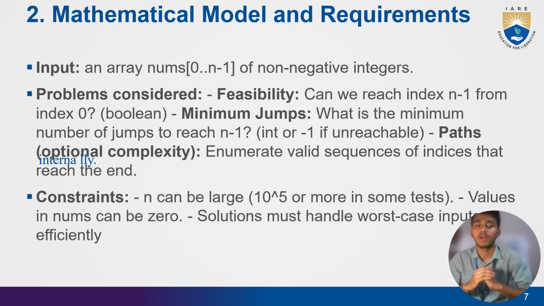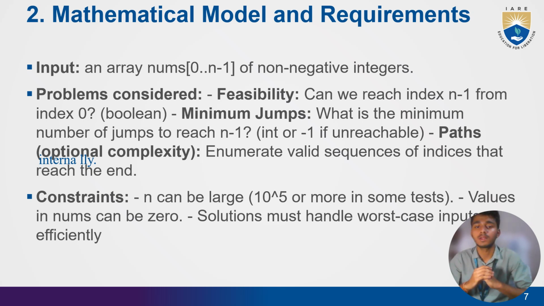Mathematical model and requirements. Input: we have to store the array nums from 0 to n minus 1 of non-negative integers. Problems considered: feasibility, can we reach index n minus 1 from index 0? For that we declare a boolean. Minimum jumps: what is the minimum number of jumps to reach n minus 1?